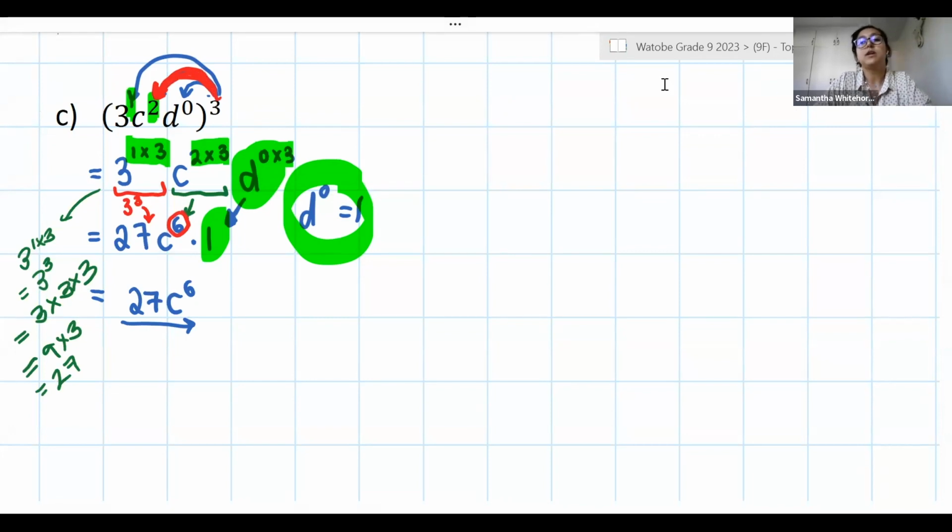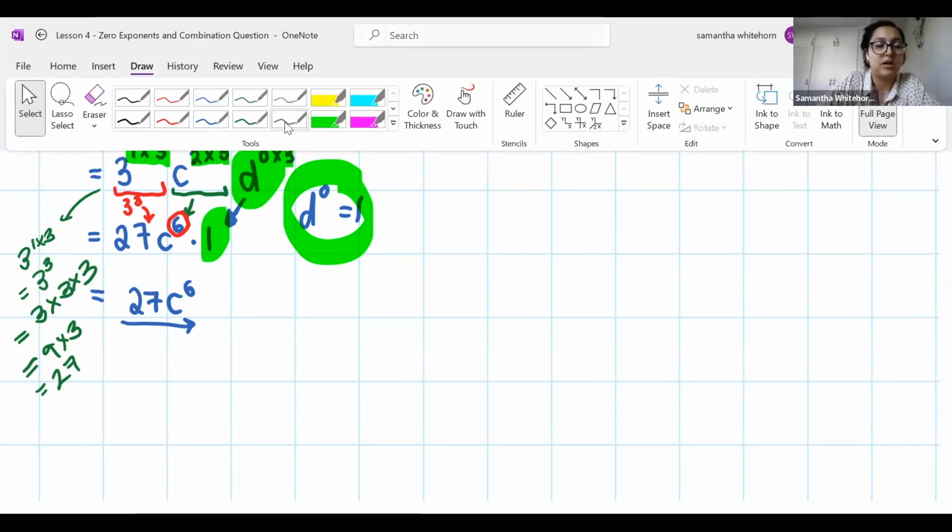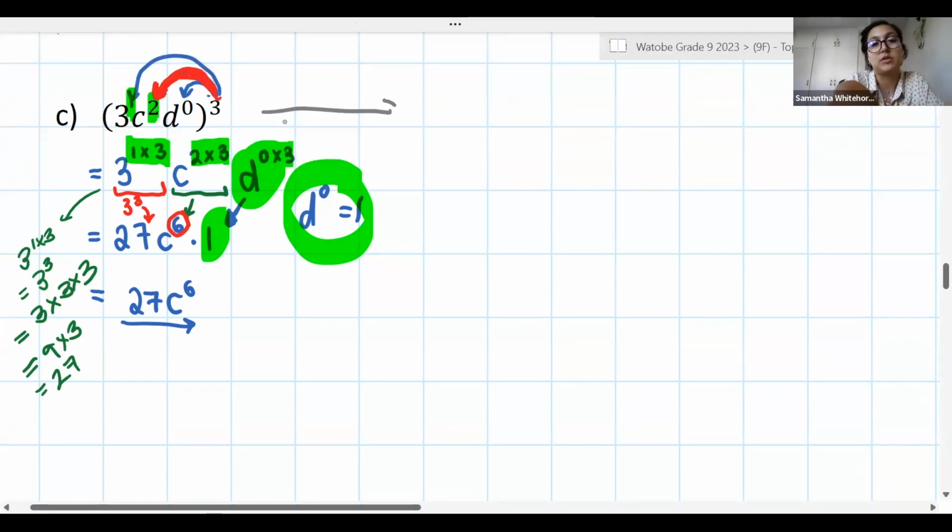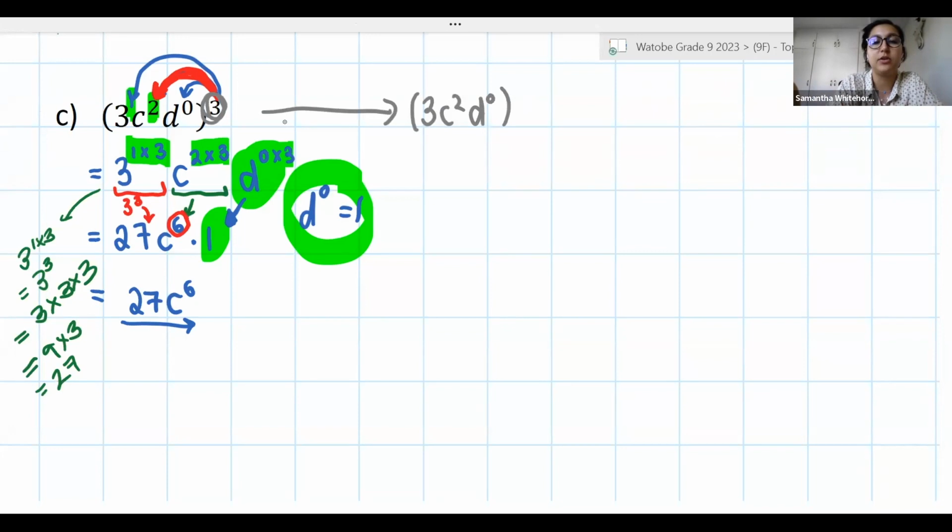Now guys, what you can sort of visualize this as if you want. I wouldn't do this all the time just because it gets a bit time consuming. But remember, this exponent 3 outside the bracket is saying that I'm multiplying the bracket 3 times. So I'm saying 3c squared d to the power 0 times 3c squared d to the power 0 times 3c squared d to the power 0.